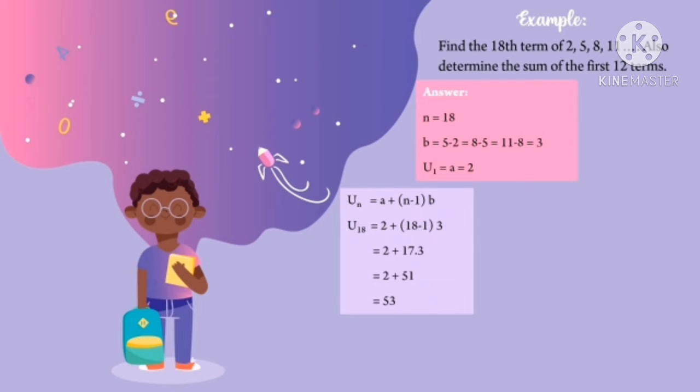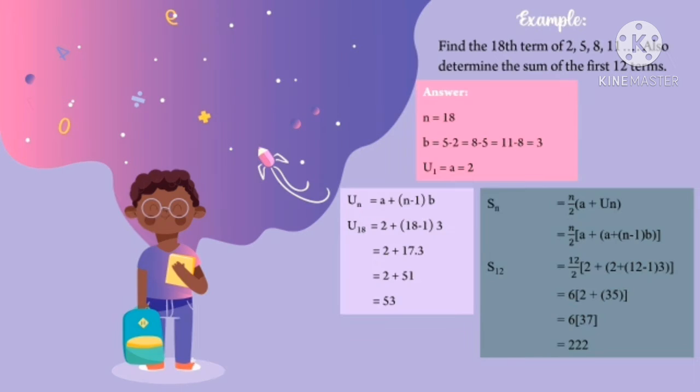Then Sn equals n divided by 2 multiplied by a plus un equals n divided by 2 multiplied by 2a plus n minus 1 multiplied by b. S12 equals 12 divided by 2 multiplied by 2 times 2 plus 12 minus 1 multiplied by 3.